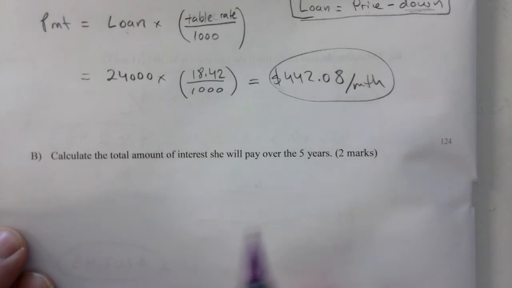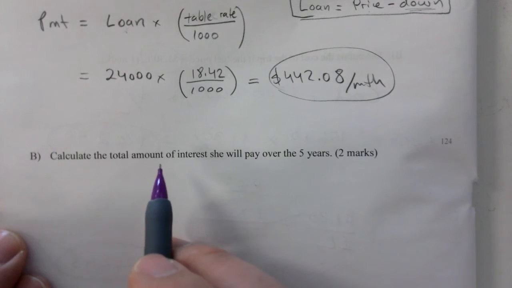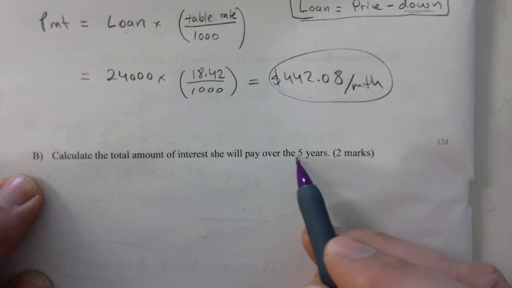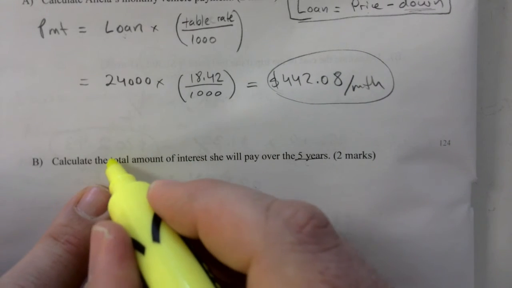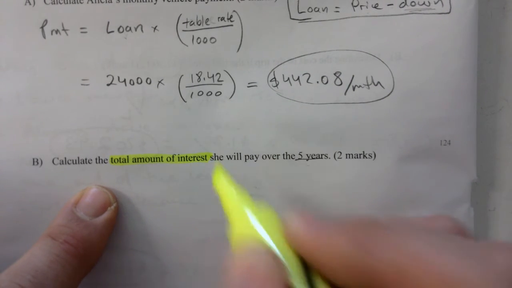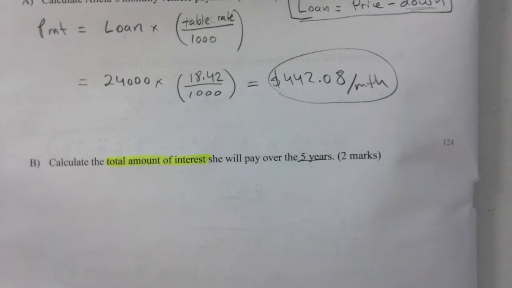B, calculate the total amount of interest you will pay over the 5 years. And there's the key word: total amount of interest, not just the first month.